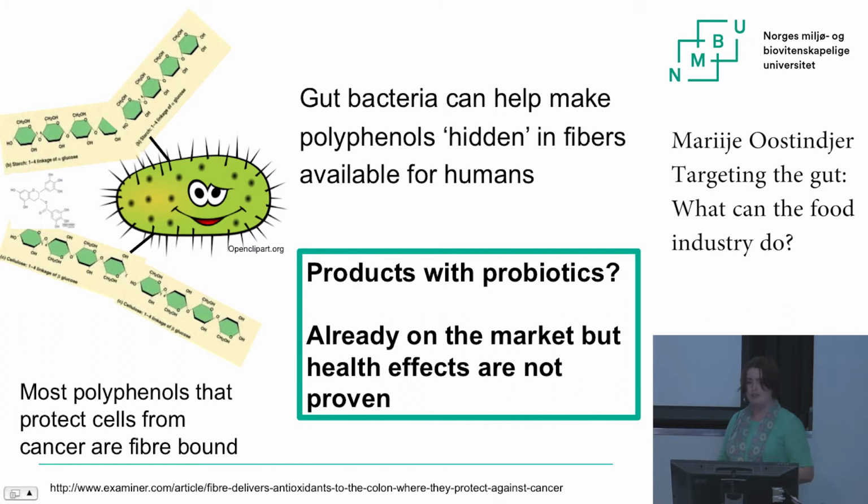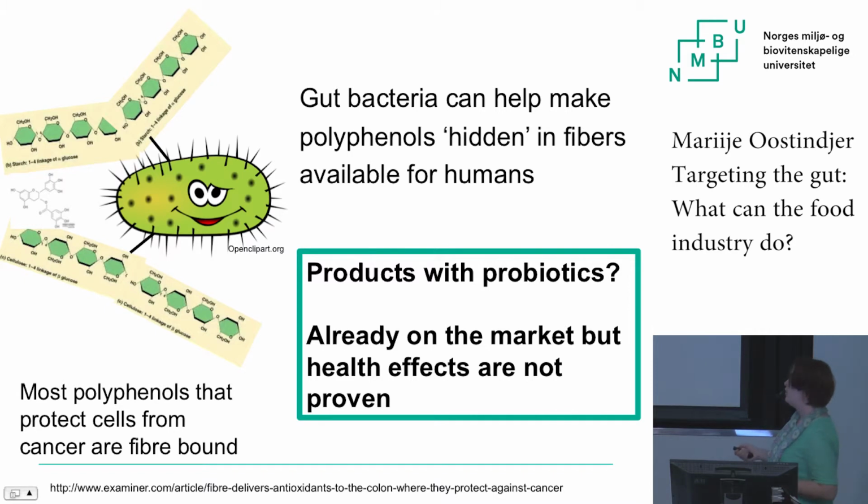Then the polyphenols we also heard something about earlier today. And the gut bacteria can also help make these polyphenols available for humans, because a lot of them are actually bound to fibers.